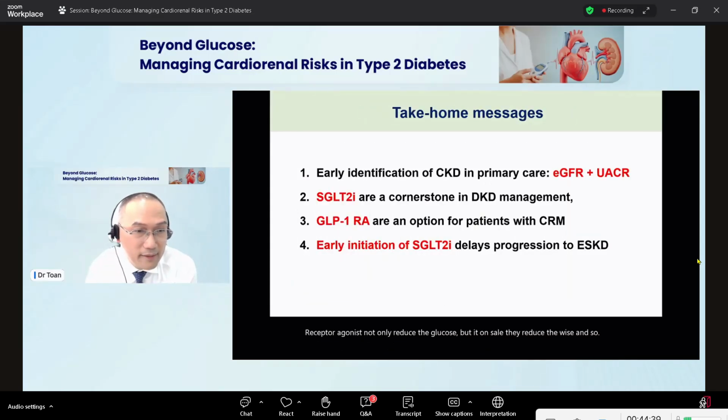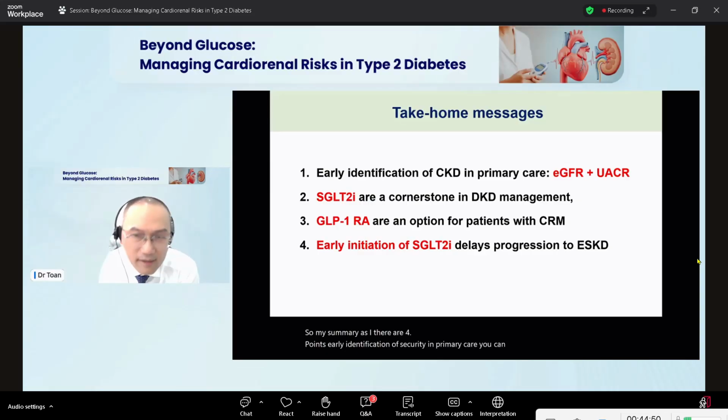In my summary, there are 4 points. Early identification of CKD in primary care, using eGFR and urine albumin to creatinine ratio, is important.